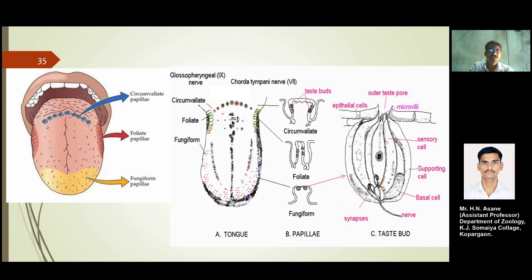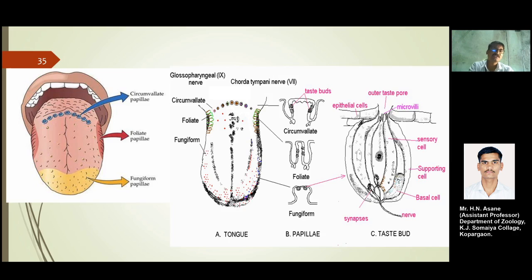These fungiform papillae do not possess taste buds, so this is an important feature, okay. The foliate papillae reside on the lateral sides of the tongue, present as pairs, okay. These foliate papillae have numerous taste buds on them.